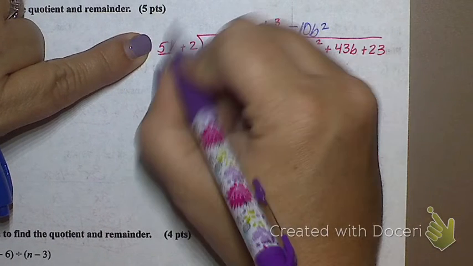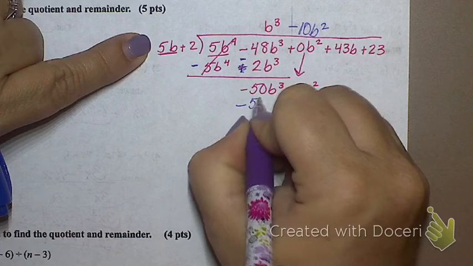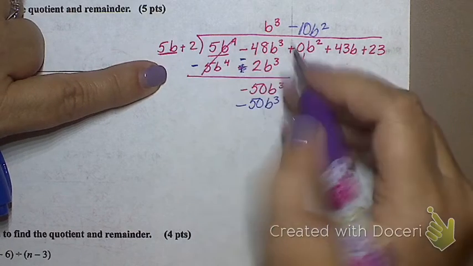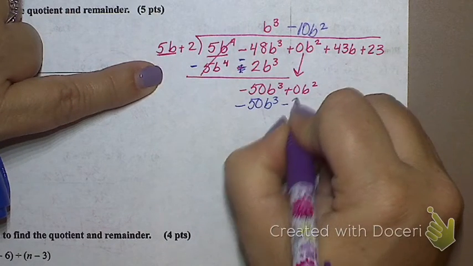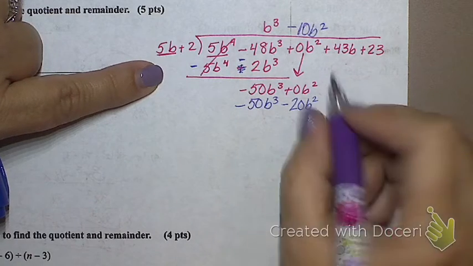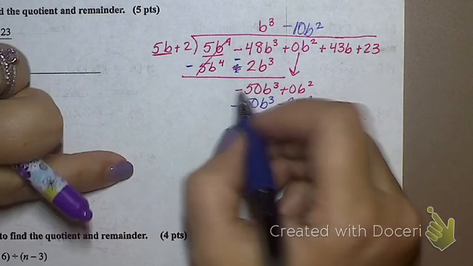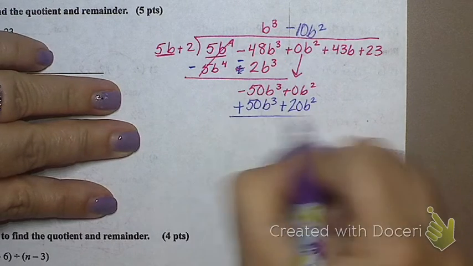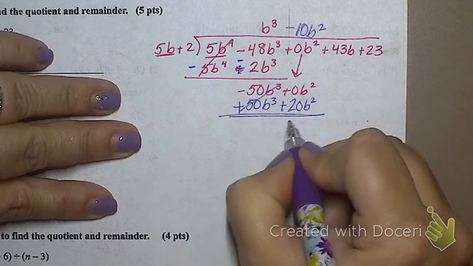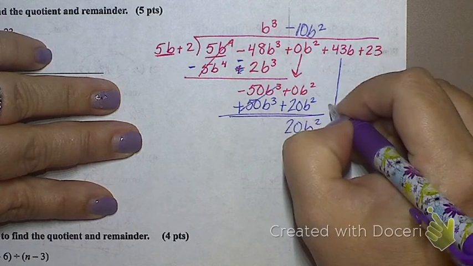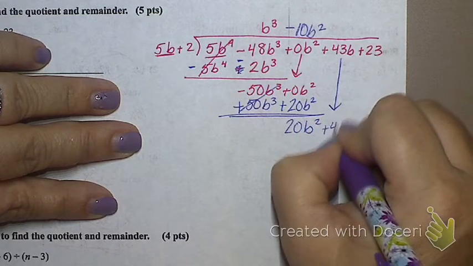Negative 10b squared times 5b is negative 50b to the 3rd. And negative 10b squared times positive 2 is negative 20b squared, right? Change my signs. This will become a positive. That will become a positive. And let's see, that cancels, and I have 20b squared plus 43b.